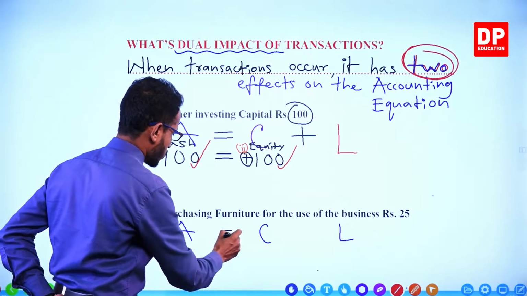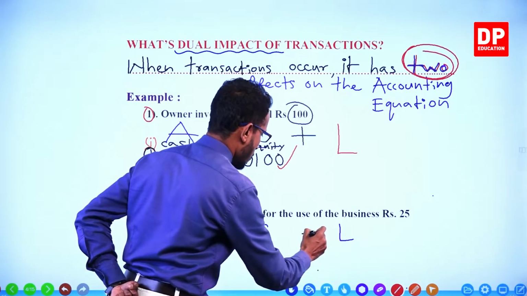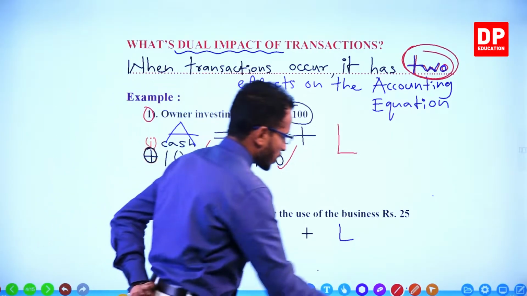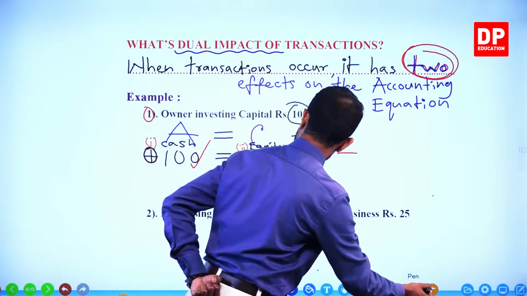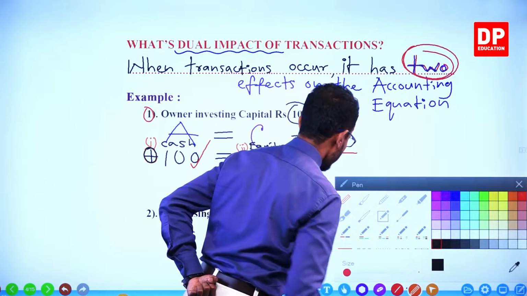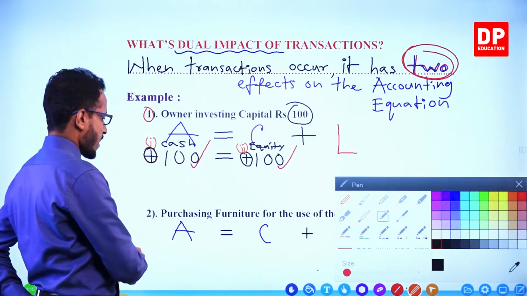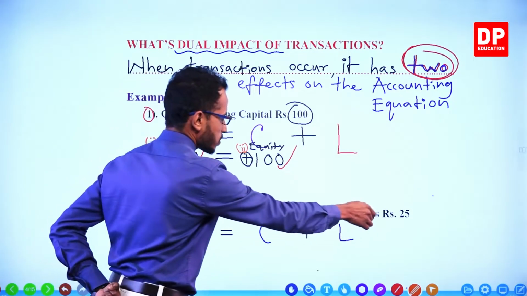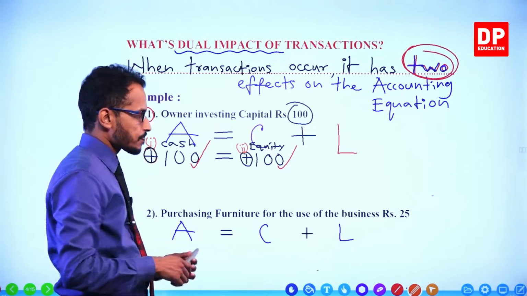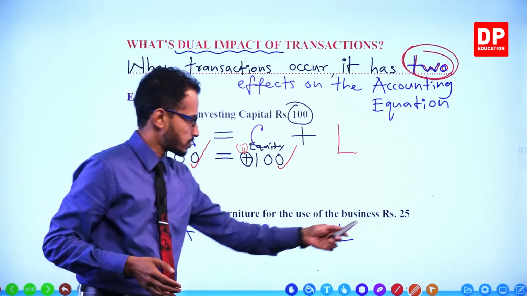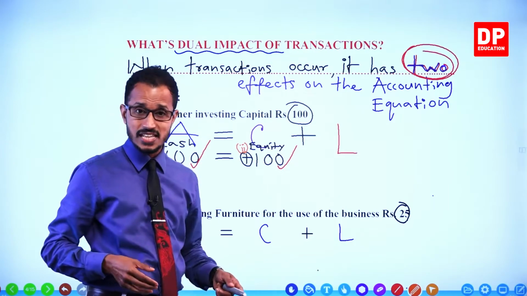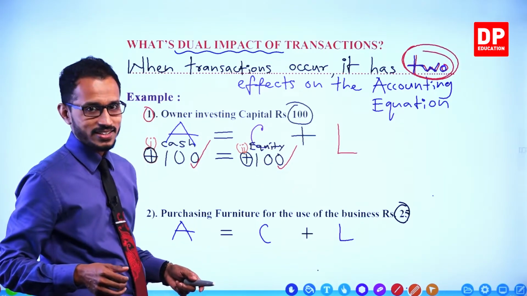Assets are equal to capital plus liabilities. Now let's find out what the transaction is. Transaction is this: purchasing furniture for the use of the business, rupees 25. I have used simple numbers because there's no need to take big numbers. These are just examples, right?